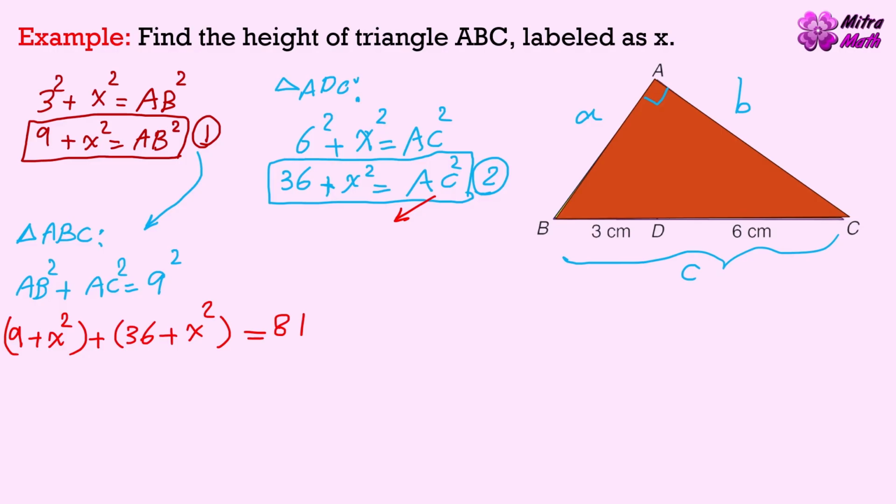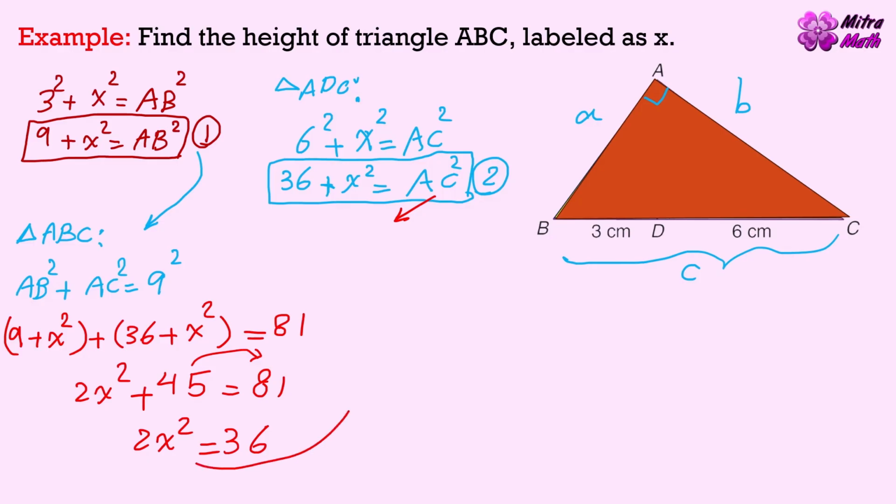Just adding up the constant terms, I get 45, and for x's I have 2x squared equals 81. Moving this term to the right side, we get 2x squared equals 36. Dividing both sides by 2, we get 18.